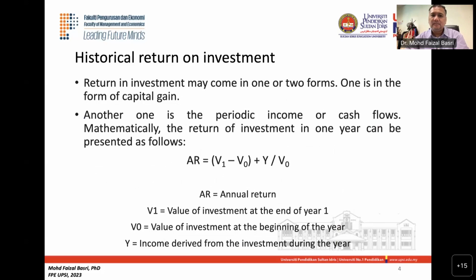So here we want to measure the historical return on investment, based on the historical rate of return. As I've already discussed in our previous week, when we talk about return on investment, it can come in two forms. Number one is the capital gain.